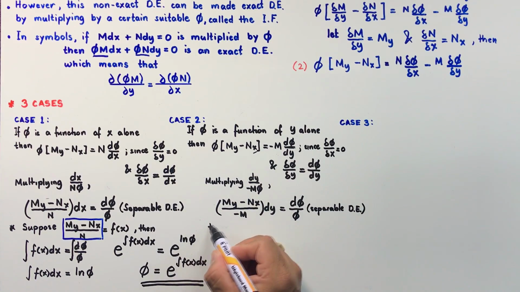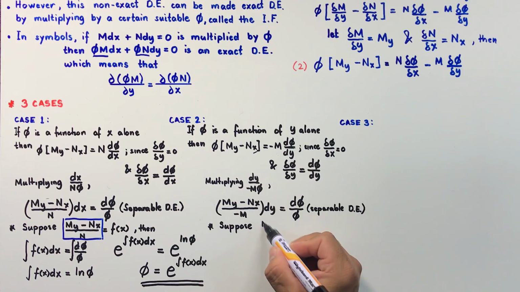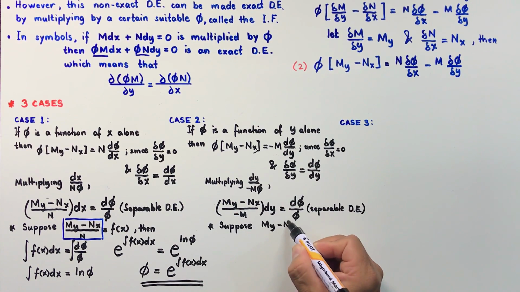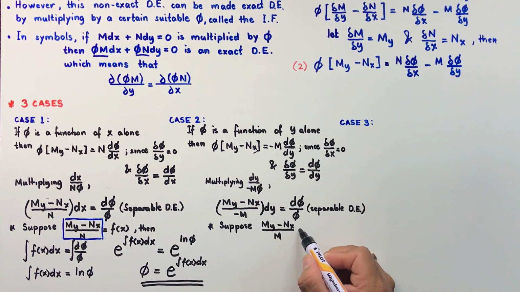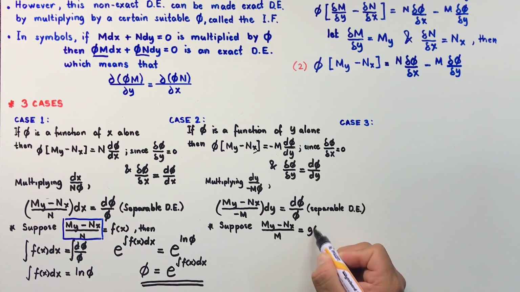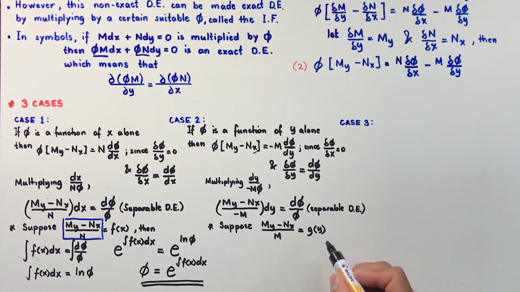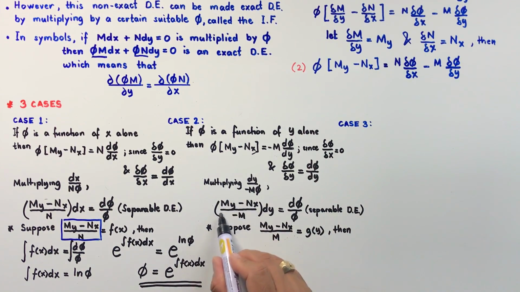So if we replace this partial derivative of M with respect to y minus this partial derivative of N with respect to x over N by g of y, because if this is in terms of y alone, then instead of writing this one, we will replace this expression by g of y.